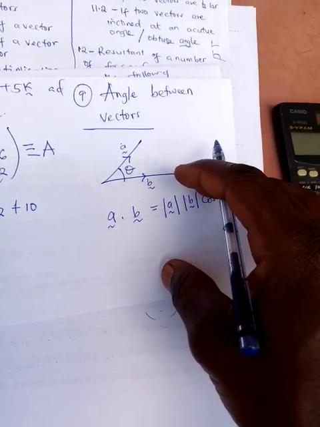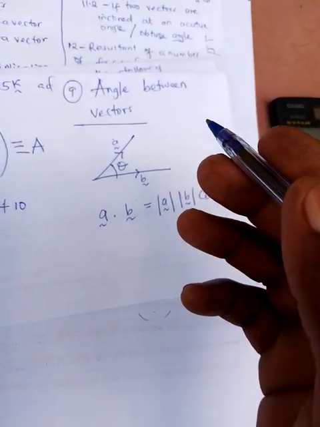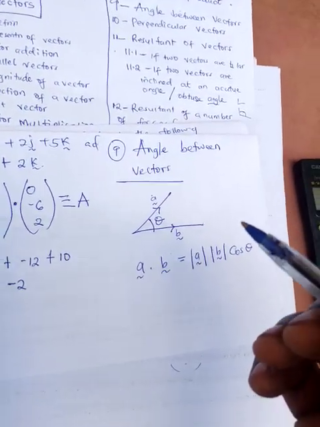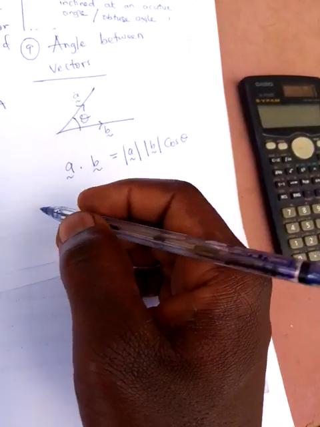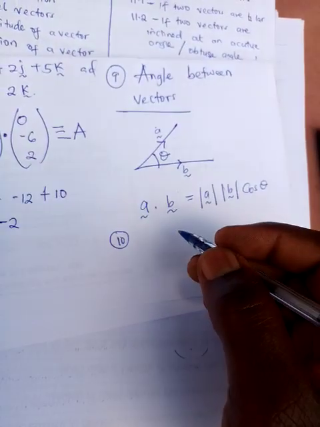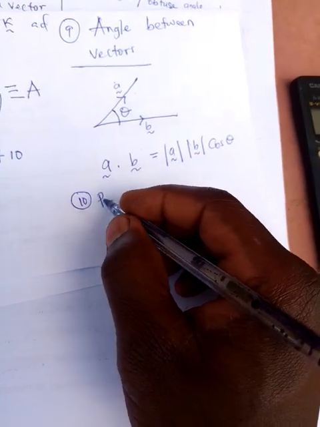Let me first rush to number 10, perpendicular vectors. This one is very simple. You can even hear the word. The way the word is simple is how it is simple. Perpendicular.